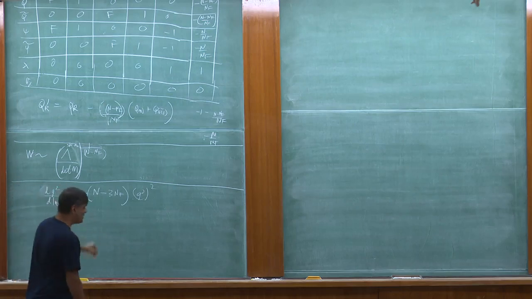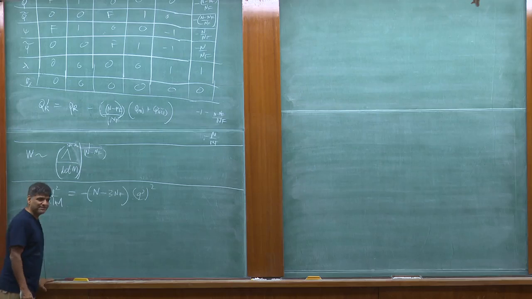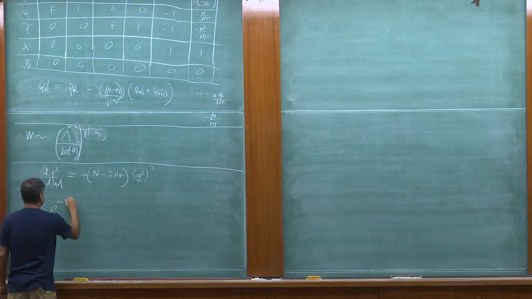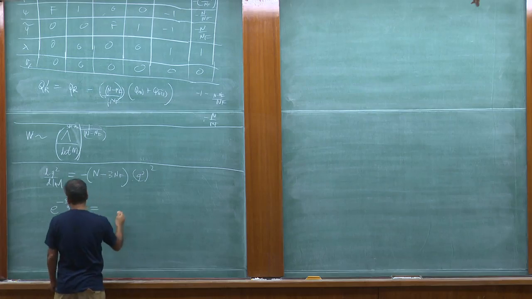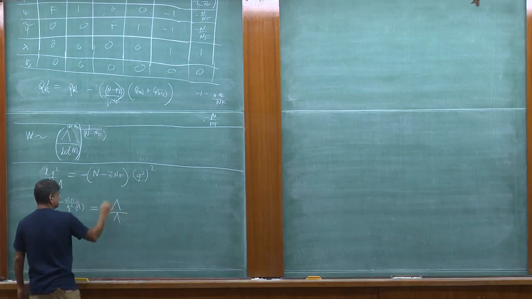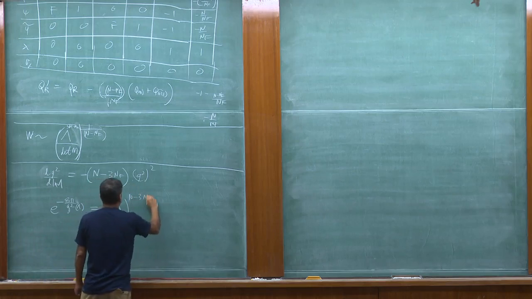At the end of the last lecture, we integrated this. There are also some 8 pi's which I have not written here. We integrated this, and we got the equation e to the power minus 8 pi squared by g squared is equal to lambda by lambda naught to the power 3n minus nf.